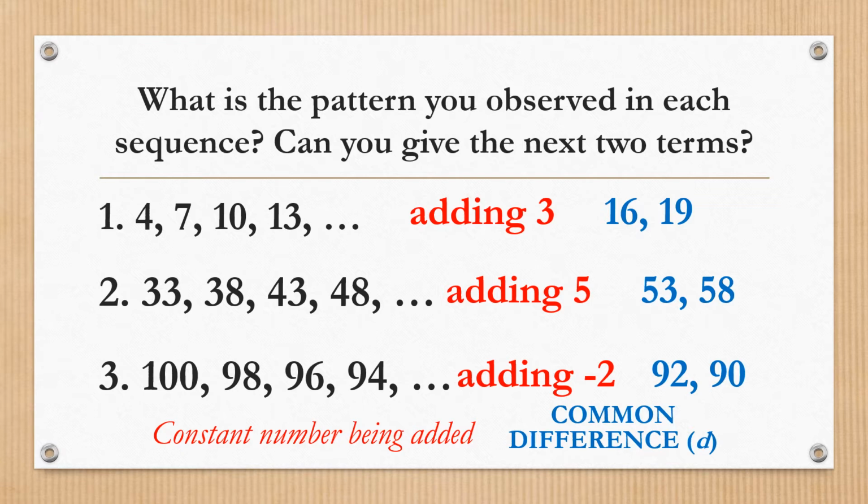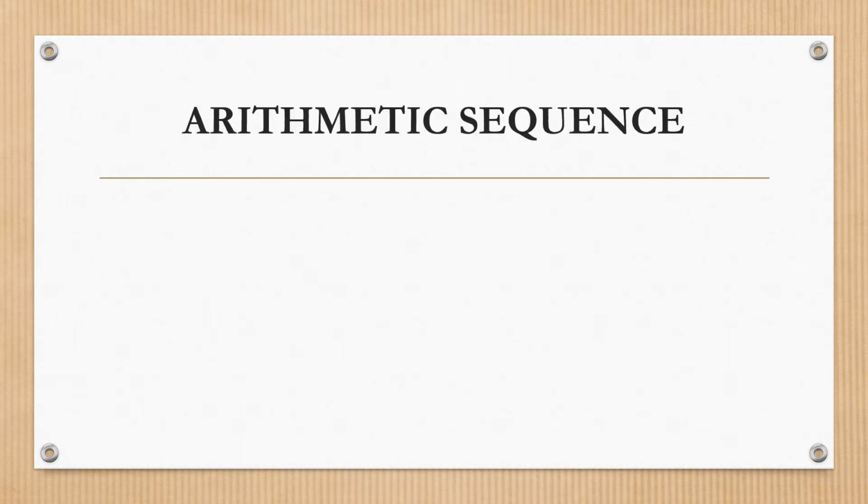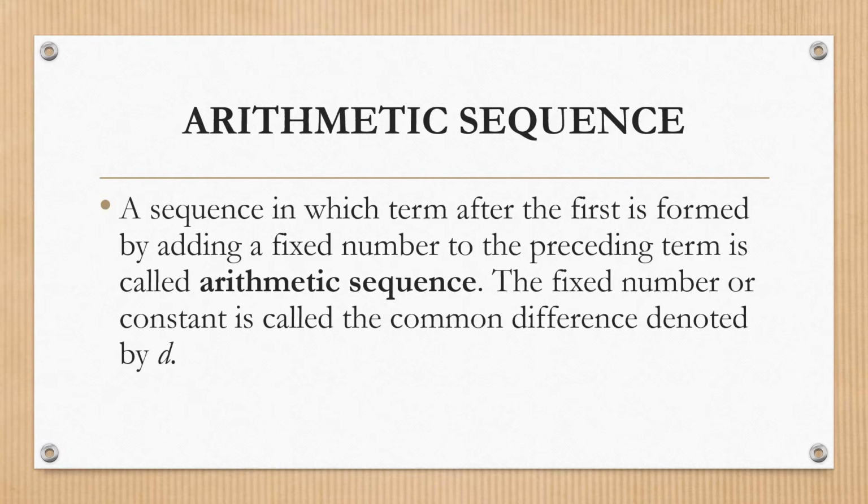So all these sequences are said to be arithmetic sequences. An arithmetic sequence is a sequence in which each term after the first is formed by adding a fixed number to the preceding term, and that fixed number or constant is called the common difference, denoted by a small letter d.